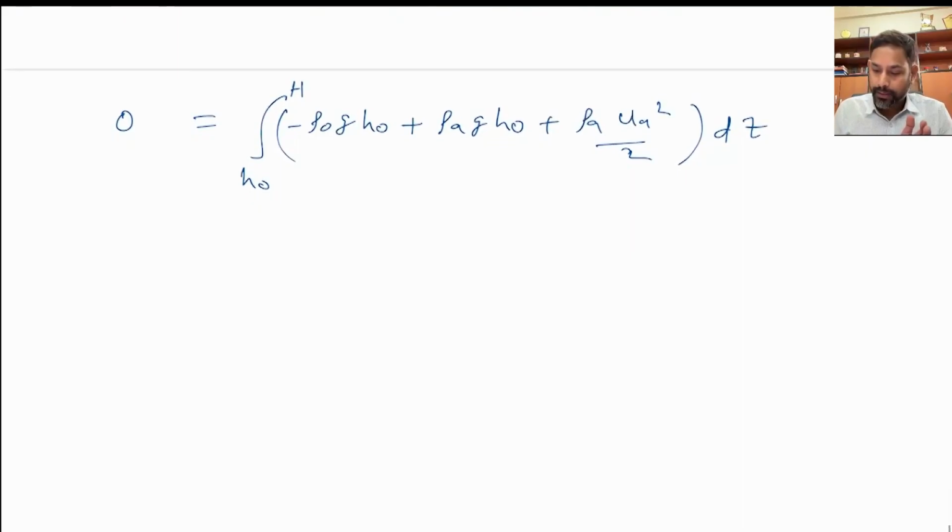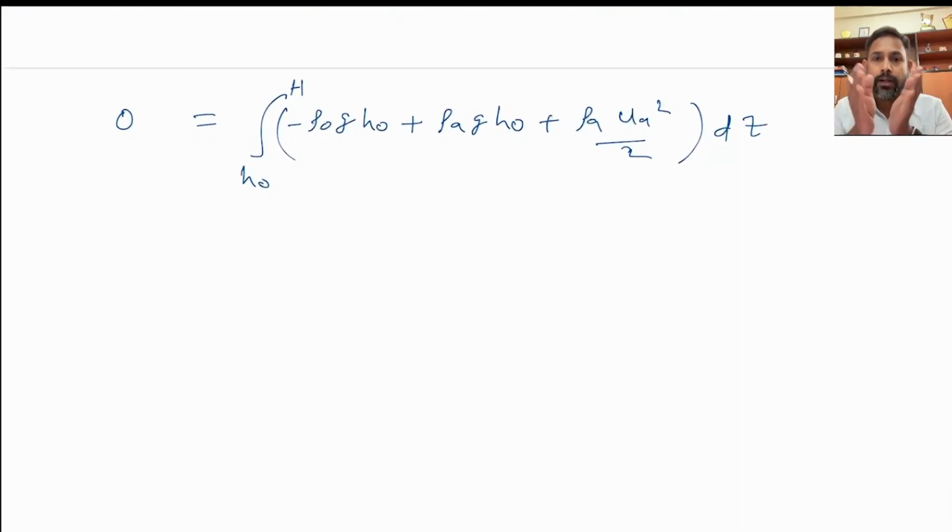Now we know that this is an integral of whatever parameters we have here, and it says that integral is equal to 0, right? That actually means that whatever we have inside here must be equal to 0 to satisfy the integral.